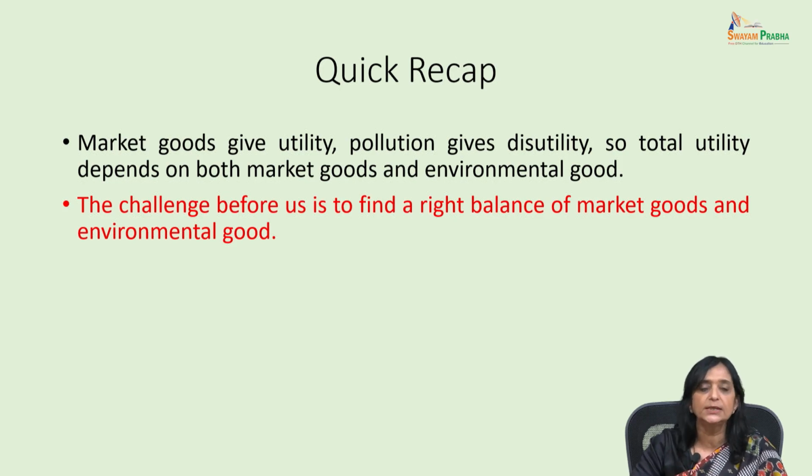As we have just seen, the market good in our example was food, and the environmental good was garbage disposal. So the challenge was to find how much of the two goods Ram and Shyam should be consuming. And not only that, we also tried to see what redistribution can be done so that this consumption becomes efficient.